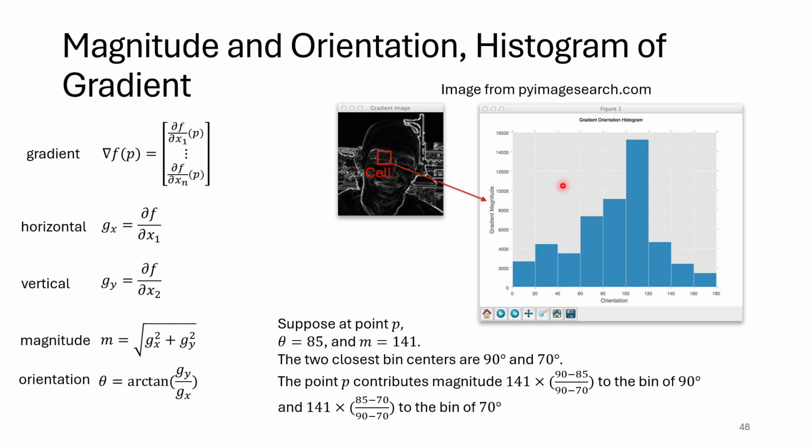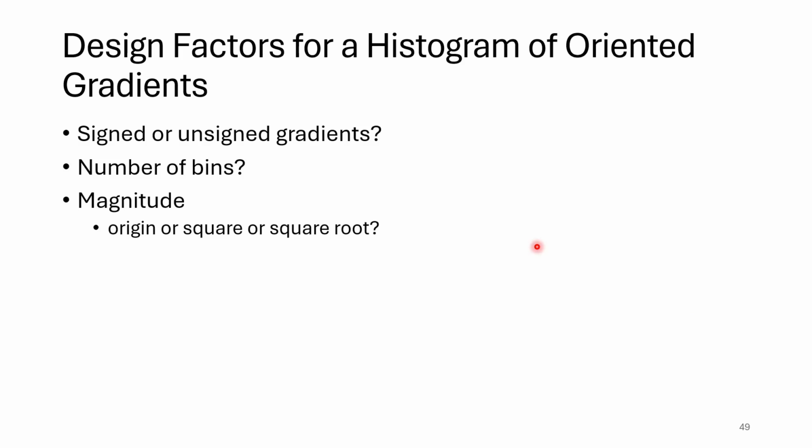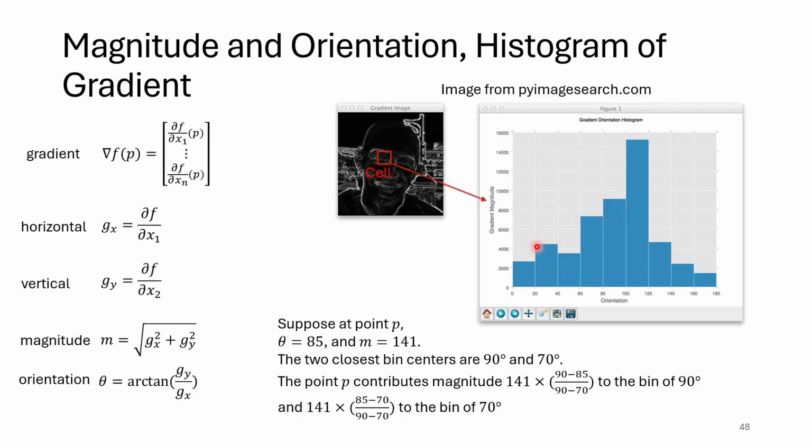This is why they call it histogram of gradient. Of course, there are some factors they need to consider. Which is better, signed or unsigned gradients? That means, do you need only 0 to 180 degrees, or do you need 0 to 360 degrees? So this is signed and unsigned.